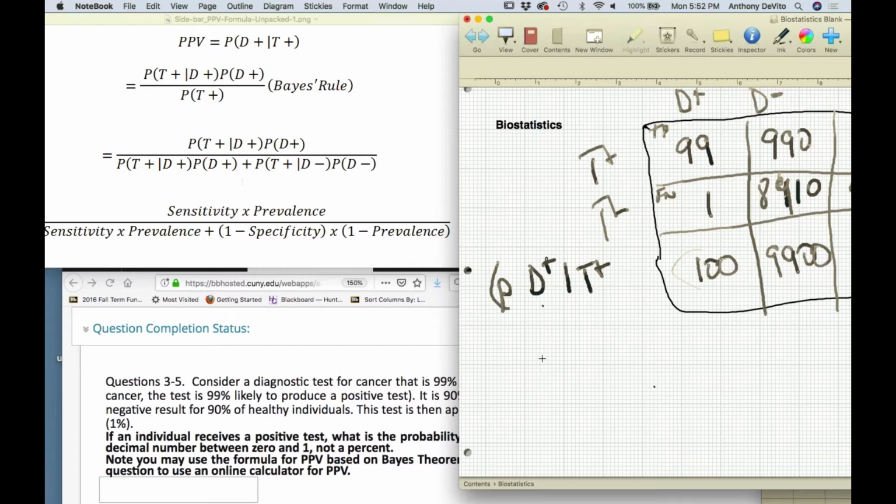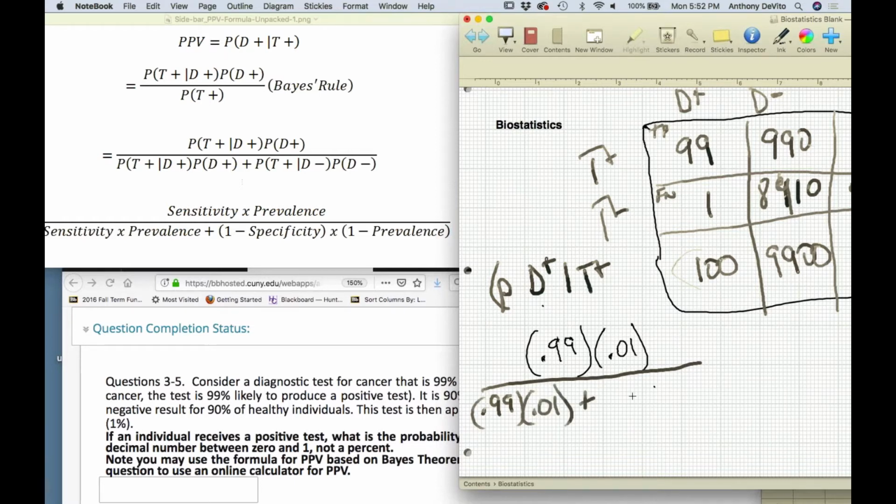The sensitivity was 0.99 times the prevalence of 0.01, over 0.99 times 0.01, which is all the true positives, plus 1 minus the specificity, which was 1 minus 90%, which is 10%, times 1 minus the prevalence, which is 99%. Do I get that right? Yeah, I got that right.